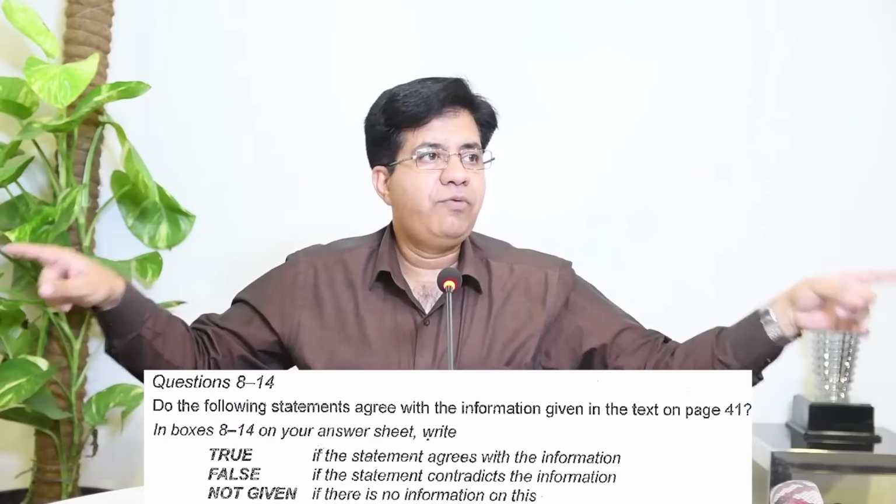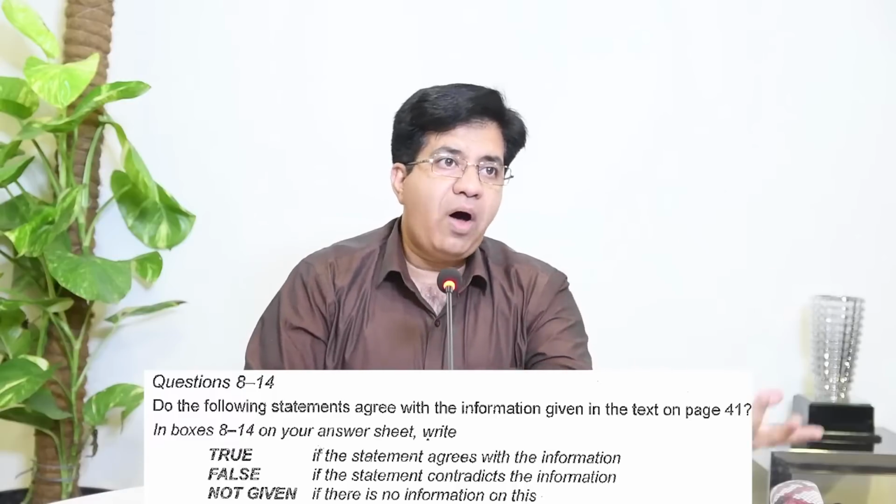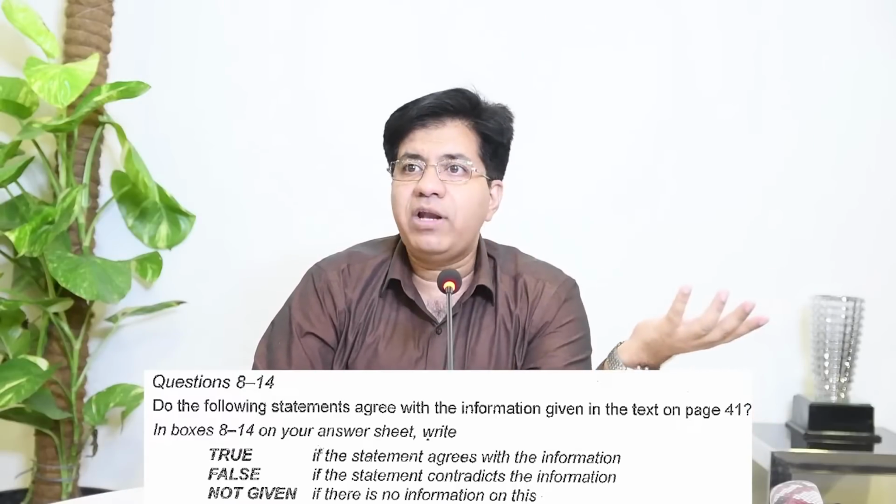The answer will be false. If they use the word 'all' in the question and 'everybody' in the passage, all and everybody are synonyms, so the answer is going to be true. And if they use the word 'all' and in the passage they don't tell us whether few or everybody, then the answer is not given. So the bottom line is that whenever you read a question, you need to identify that word or phrase very, very clearly.